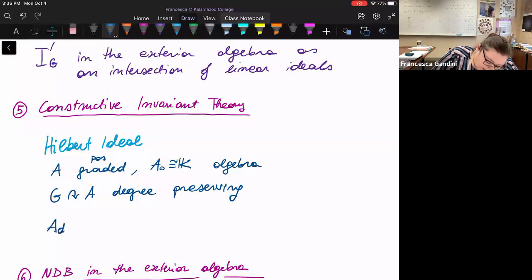So if I write A_d^G, the forms in A_d that are invariant.